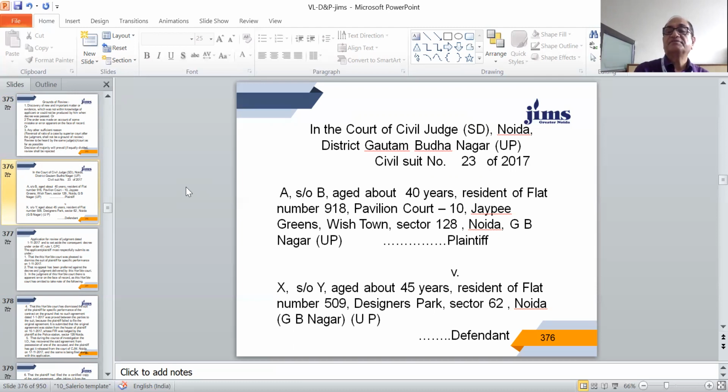So our plaintiff in this review application is A son of B, aged about 40 years, resident of flat number 918, Pavilion Court 10, JP Greens, Wish Town, Sector 128, Noida, Gautam Buddha Nagar, UP. And versus, this case was filed against X son of Y, aged about 45 years, resident of flat number 509, Designers Park, Sector 62, Noida, Gautam Buddha Nagar, UP, is our defendant. So names of parties will remain the same, please note.